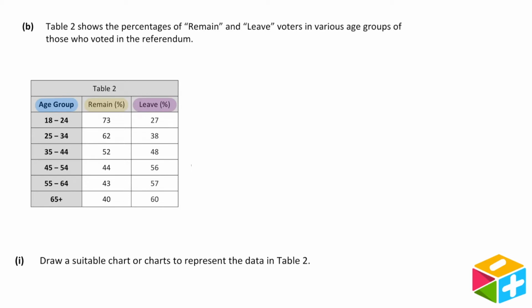The second and third columns give us the percentage of voters who voted to remain and leave in each of these age groups. For example, our first row here says that 73% of 18 to 24-year-olds voted to remain and 27% of 18 to 24-year-olds voted to leave.